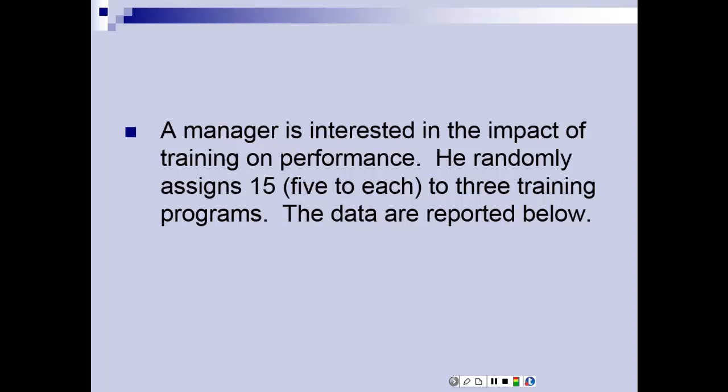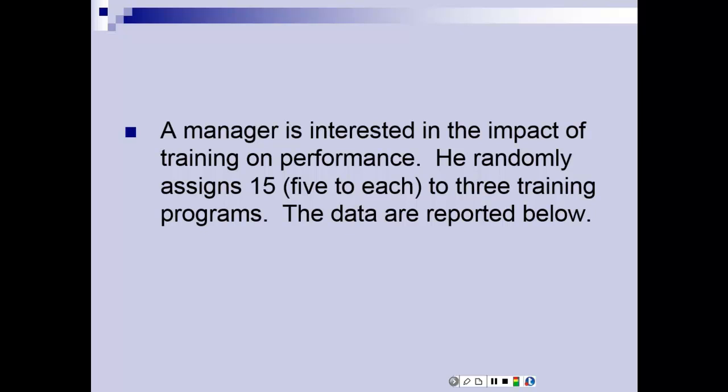Okay, so this is just the setup that you would have. You often think of analysis of variance in terms of some experiment that's been conducted. In fact, if you take a course in analysis of variance, a lot of the time they'll talk about design of experiments. So what we have here is we're looking at the impact of training on performance.